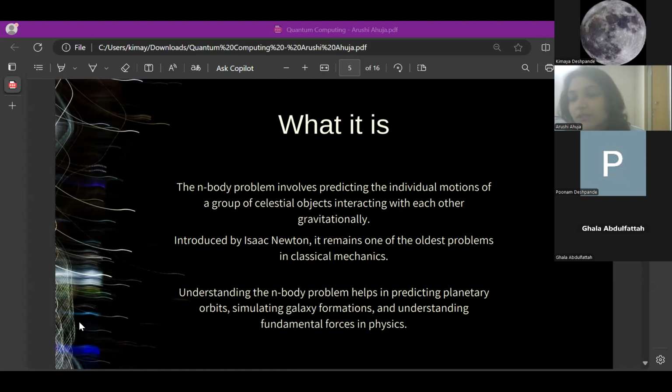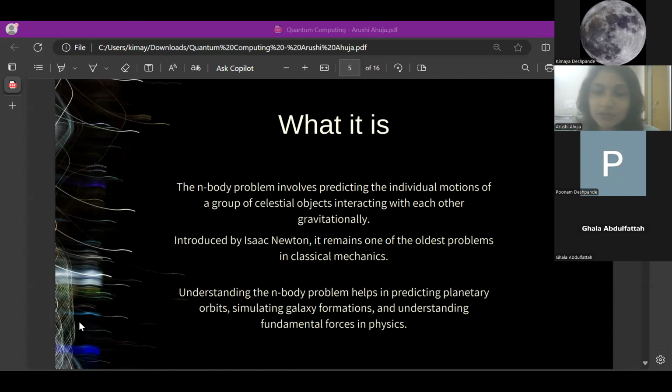But when you're looking at maybe 8 more planets in the solar system, or when you're looking at satellites or other celestial objects, you tend to feel that the calculation is becoming difficult. So even when classical computers are used, they're not able to perform those calculations faster, which is why we need a quantum computer in the first place.